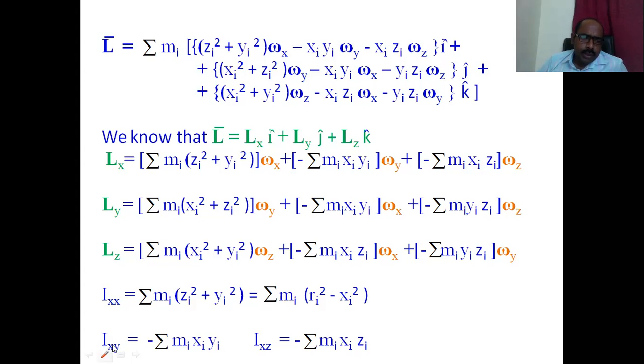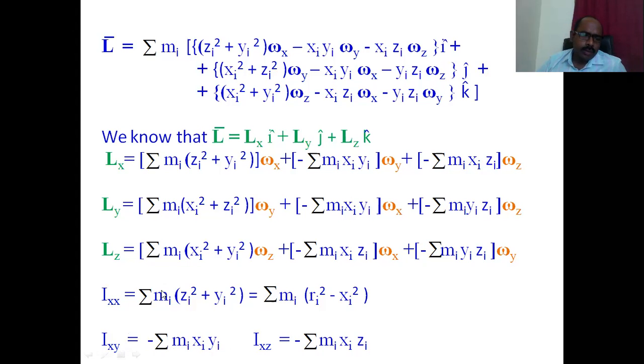The other moments of inertia are called products of inertia. Those are the principal moments of inertia, and these are called products of inertia: Ixy, Ixz, Iyz, and so on.